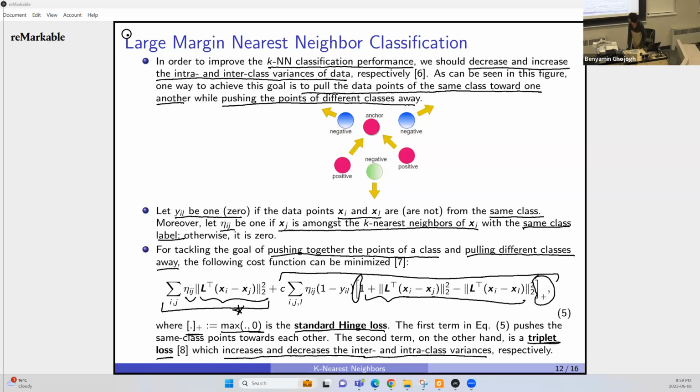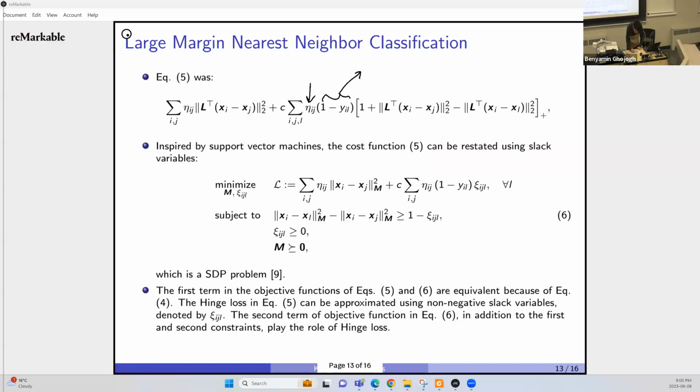When I use 1 minus yil, I only care about when xi and xl are from different classes. If it becomes 0, I don't care about that, right? When does it become 0? When yil is 1, right?